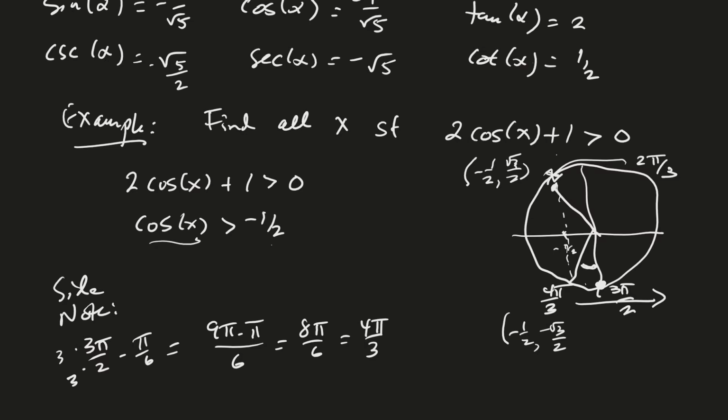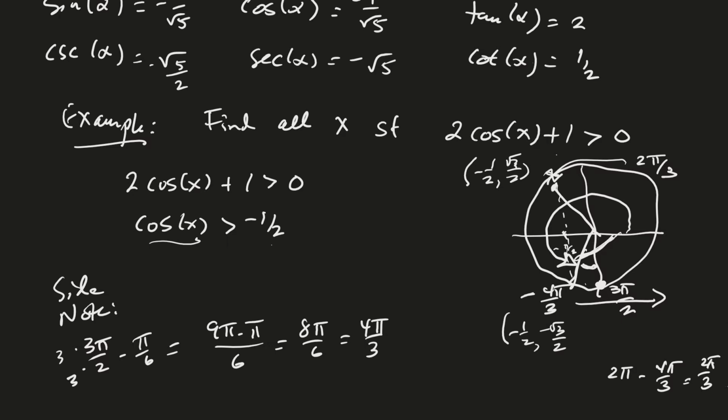Good. And so we see now, I better be careful here. The angle measure from here to here is 4 pi over 3. But if we go in this direction, that's a negative 4 pi over 3, right? If I go this direction, that would be 2 pi minus 4 pi over 3, which is 2 pi over 3, right?